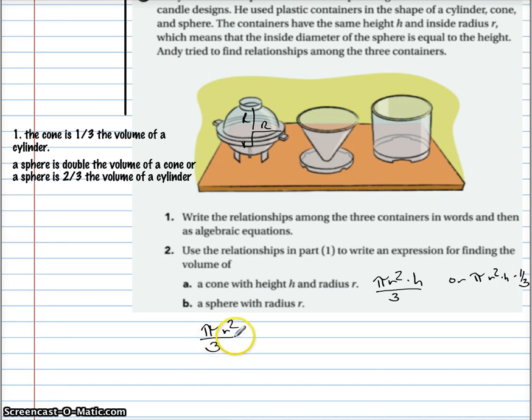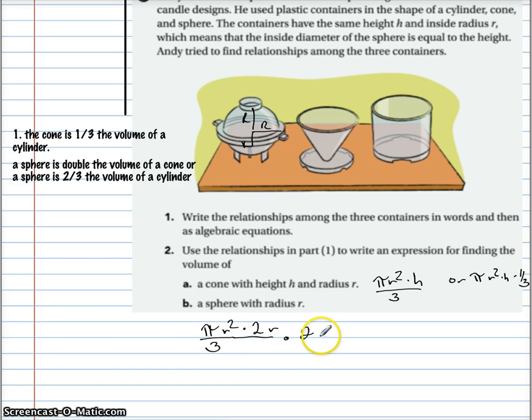That makes my cone, and I need to multiply by the height. The height isn't really unknown, we just don't have it here. The height is equal to 2 radii: radius plus radius equals our height. Then I multiply by 2, because that's 2 cones.